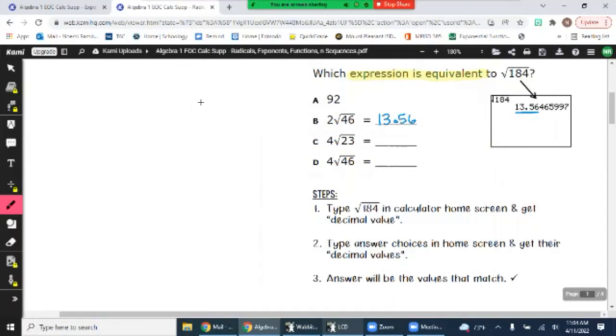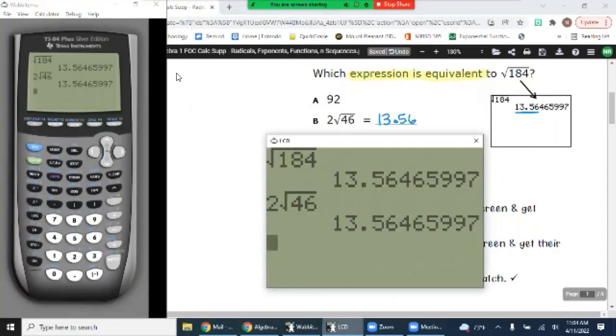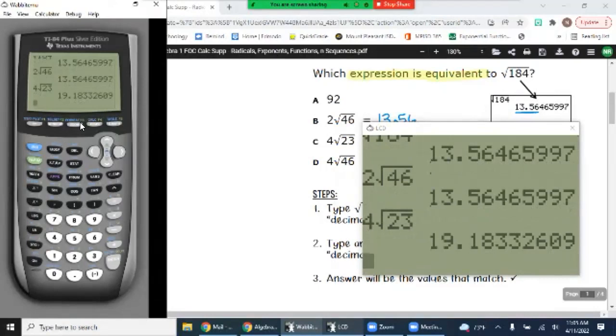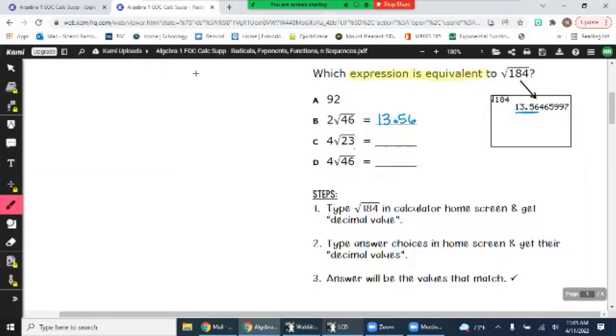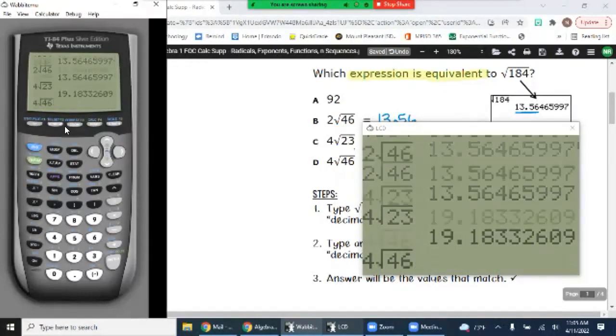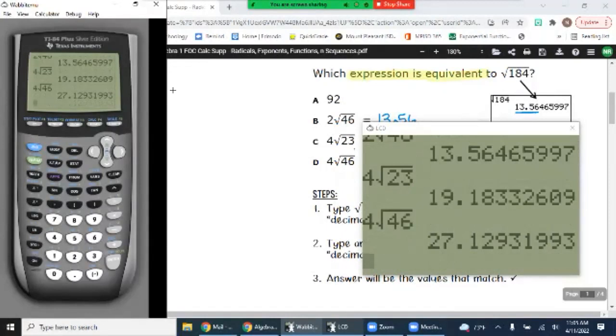So far, so good. But you always want to make sure, double check everything else. So 4 square root of 23, you get 19.18. And then 4 square root of 46, you get 27.12.